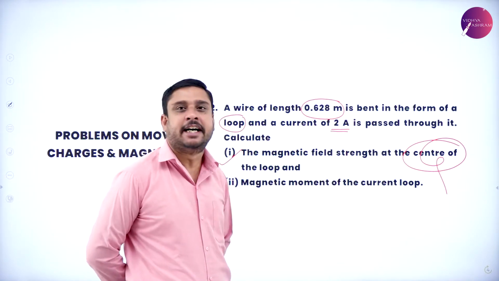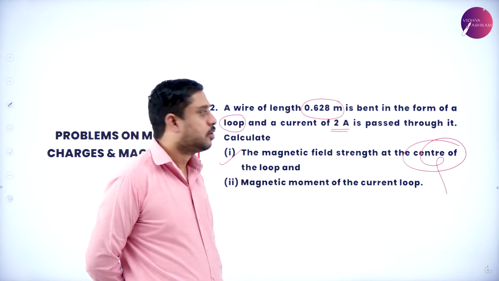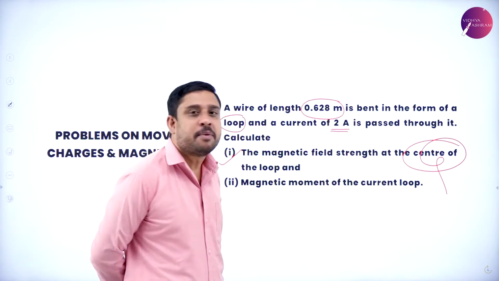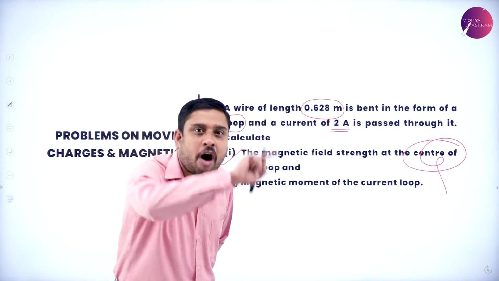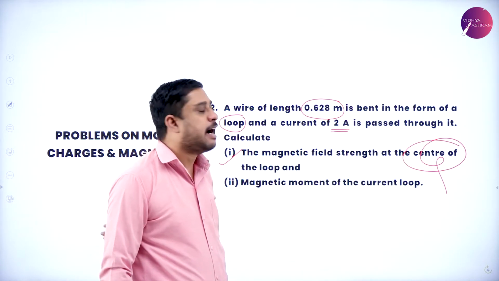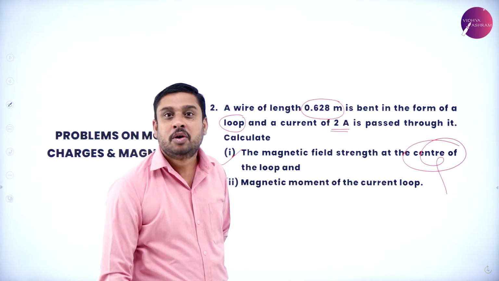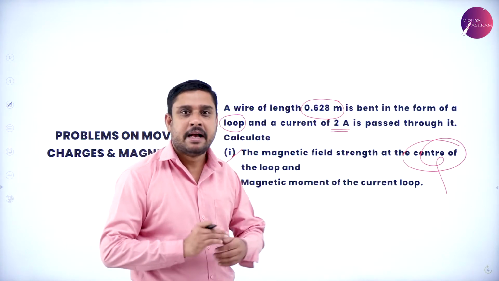The wire is bent in the form of a loop and a current of 2 ampere is passed through it.